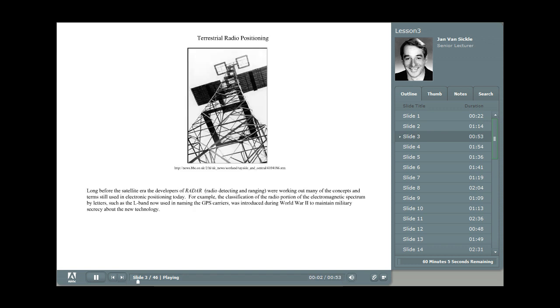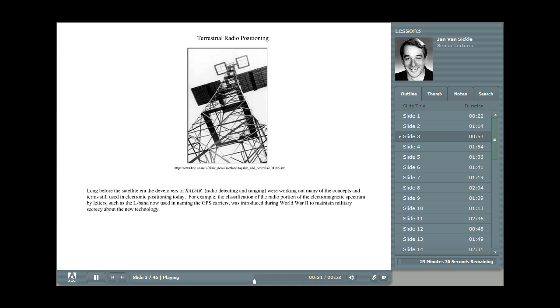As I mentioned, many of the systems were terrestrial. And of course radar, one of those, radio detecting and ranging, was built in World War II and became a very powerful tool in the hands of the Allies in winning that war.